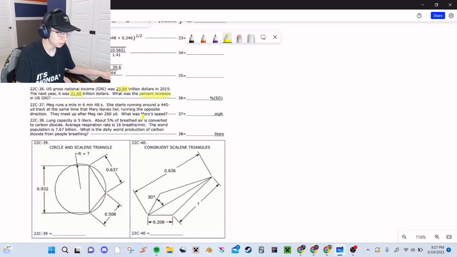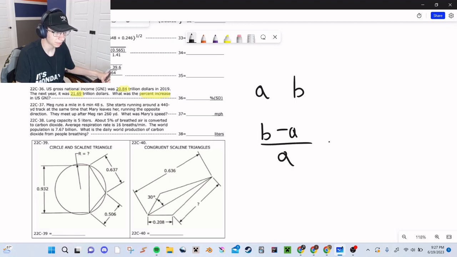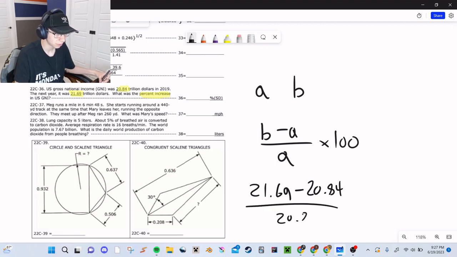So the way you do percent increase, if you have a first value of A and then a new value of B, the percent increase is going to be B minus A over A times 100. That's your percent increase function. So I could just do 21.69 minus 20.84 over 20.84 times 100.